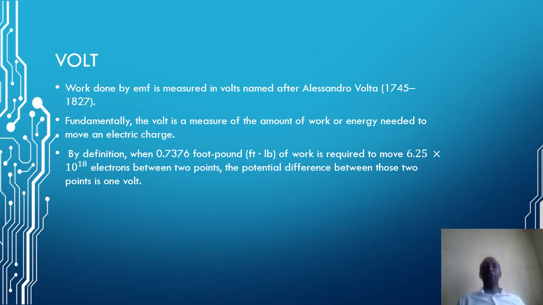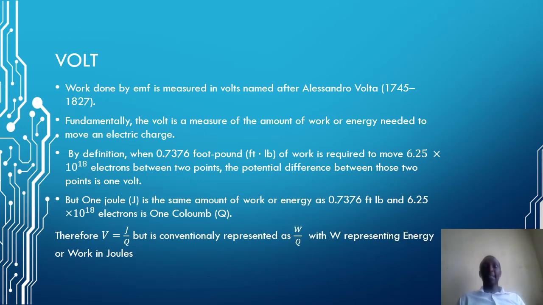And by definition, he stated that when 0.7376 foot-pounds of work is required to move 6.25 times 10 raised to power 18 electrons between any 2 points, then the potential difference between those 2 points is said to be 1 volt. If you look at it carefully, 0.7376 foot-pounds is equivalent to 1 joule, and 6.25 times 10 raised to power 18 is equivalent to 1 coulomb.